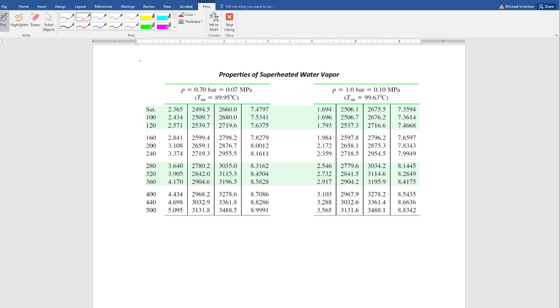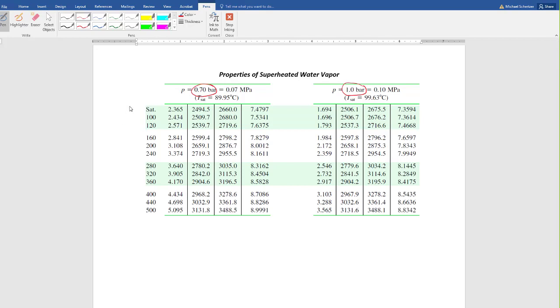Now, what we did last time, we looked for 1 bar, because 1 bar was our pressure. But this time, our pressure is 0.8 bar, and the tables in the textbook only give us values for 0.7 bar and 1 bar. So this is the problem. This means we have to interpolate twice.